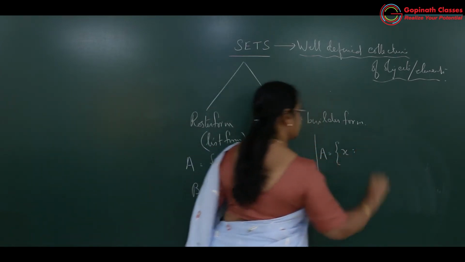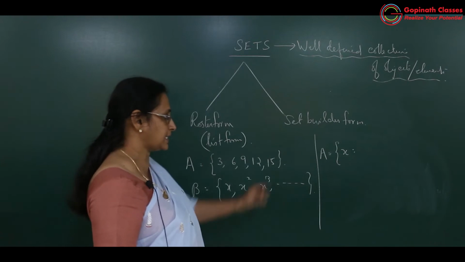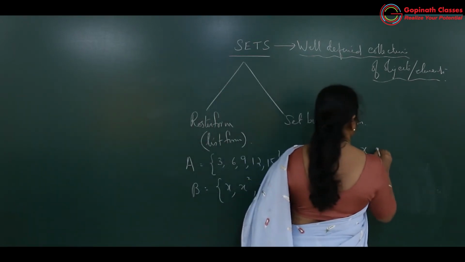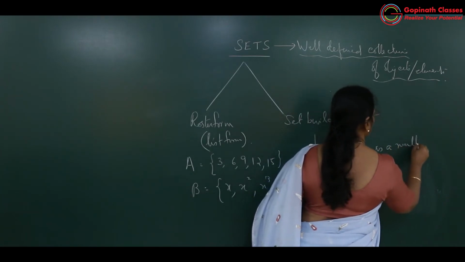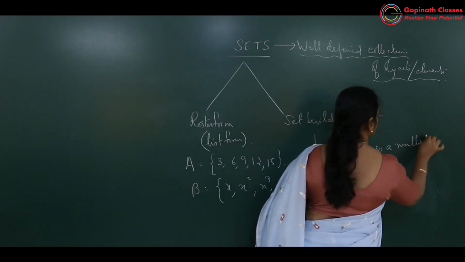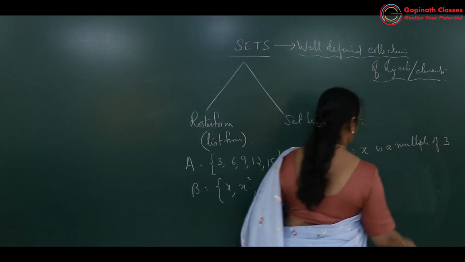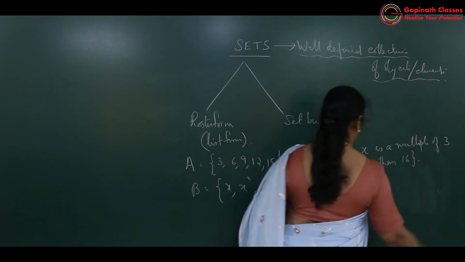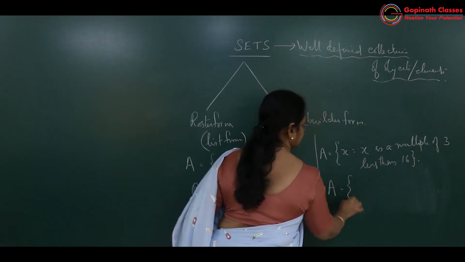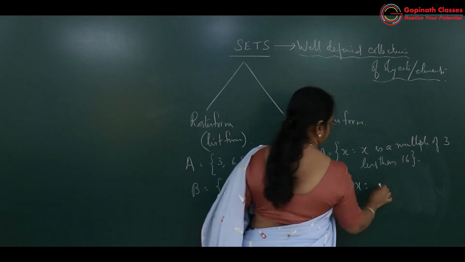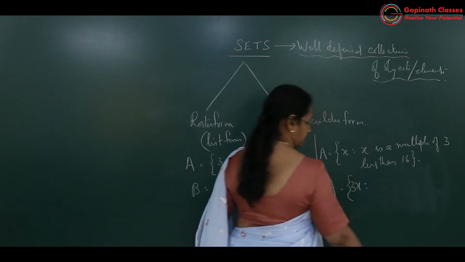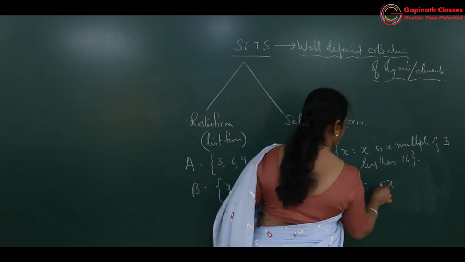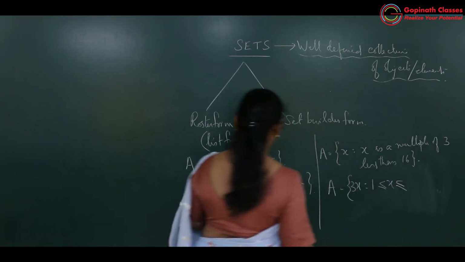We will consider each element as x, set of x such that x is a multiple of 3 less than 16, or even I can write this as set of 3x such that x is between 1 and 5.